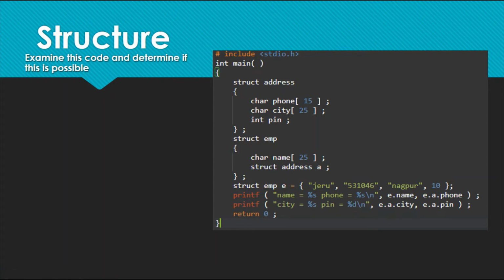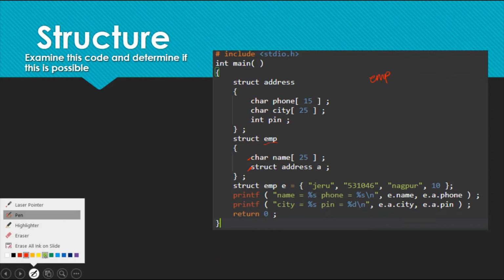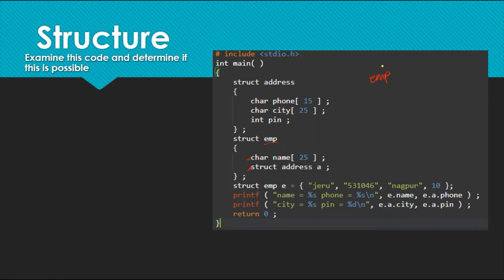So basically what this code is implying is that perhaps it wants to represent that the components of the employee are name, and its address, which is a structure. So the component of an employee is an address. It is like this one. We have an employee. I hate the color, sorry. So we have an employee there, and it has components: a name and an address.